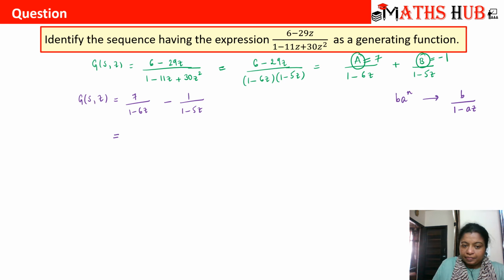So here you can compare it. b is 7 and a is 6. So this will become the sequence 7 into 6 raised to power n, minus. Now compare this with the right hand side and you will see that b is now 1 and a is 5. So this is 5 raised to power n. That means the given generating function has 7 into 6 to the power n minus 5 to the power n as the sequence, right?